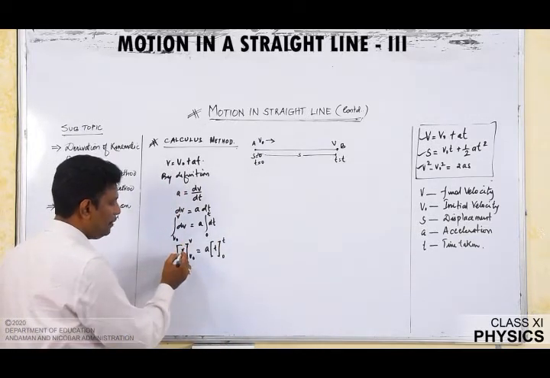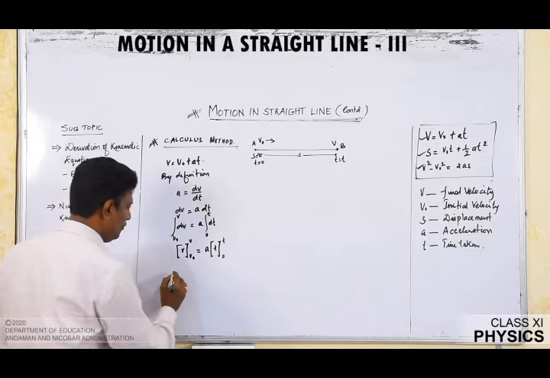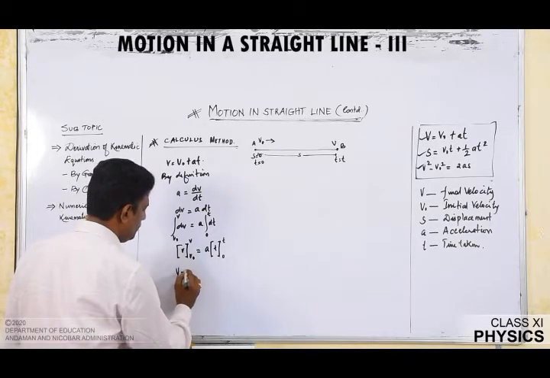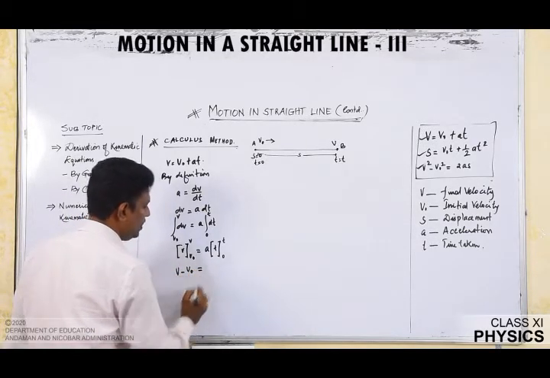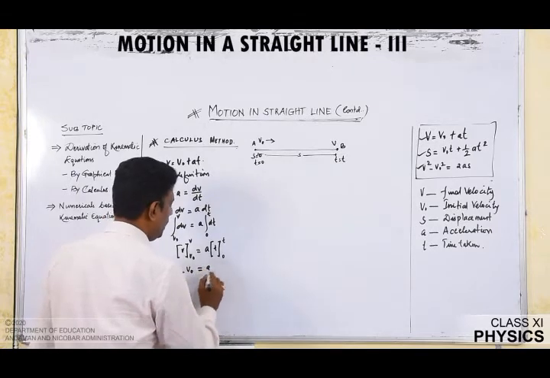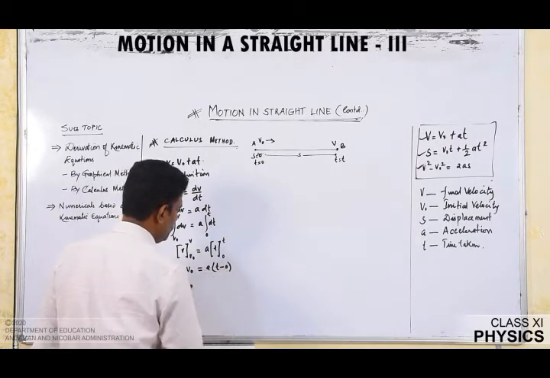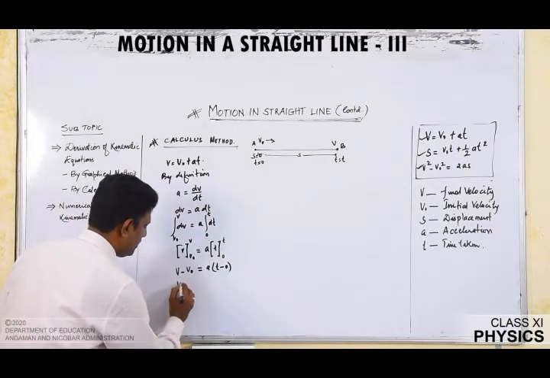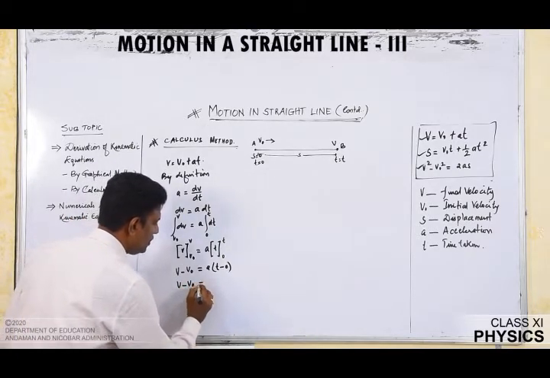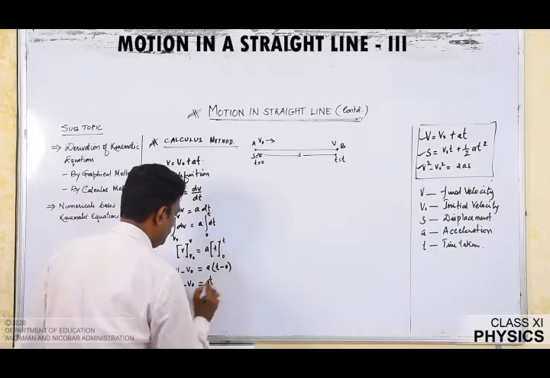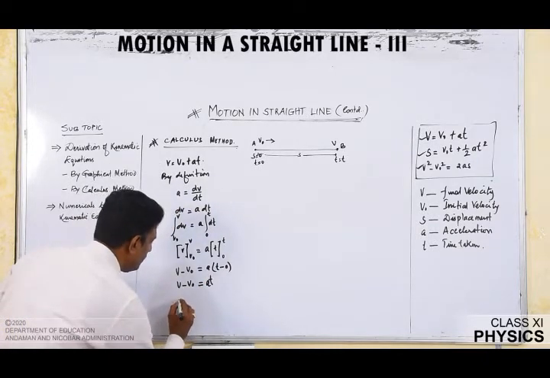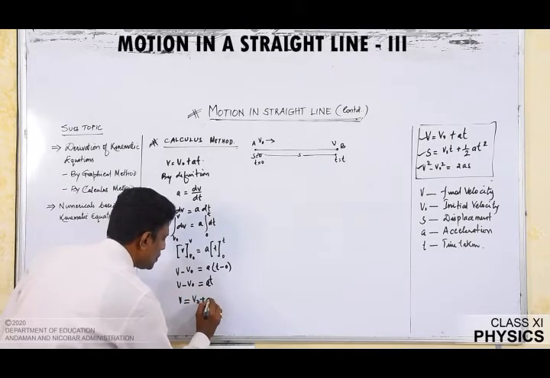Now, giving upper limit minus lower limit, we can write it as V minus V naught is equal to A into t minus 0, or else we can write V minus V naught is equal to AT. Further, it can be written V is equal to V naught plus AT.